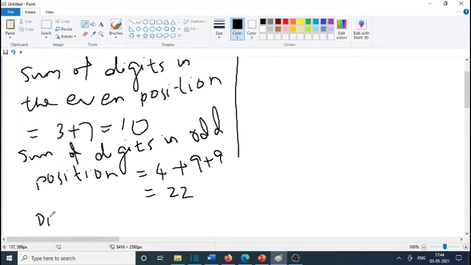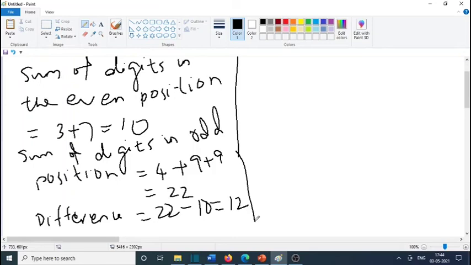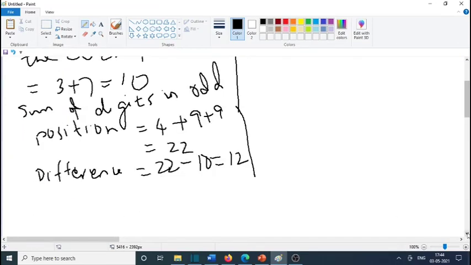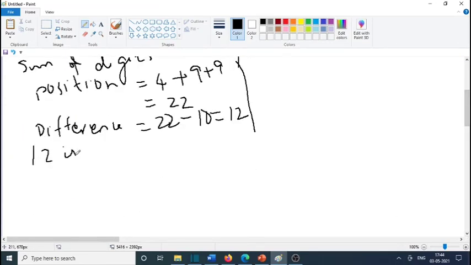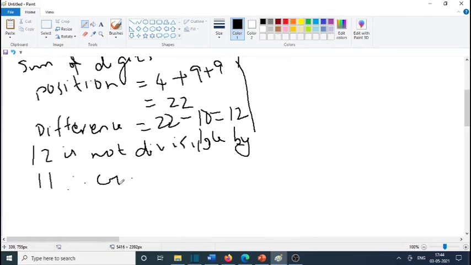So the difference is 22 minus 10, which is 12, and 12 is not divisible by 11. Therefore, the given number is not divisible by 11.